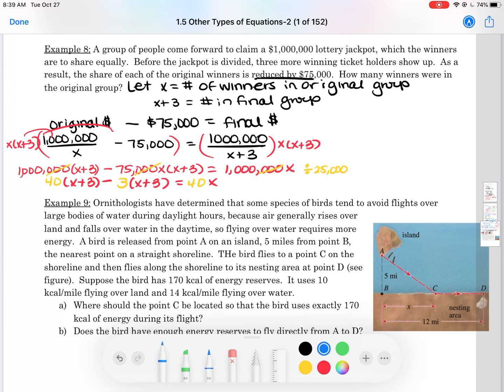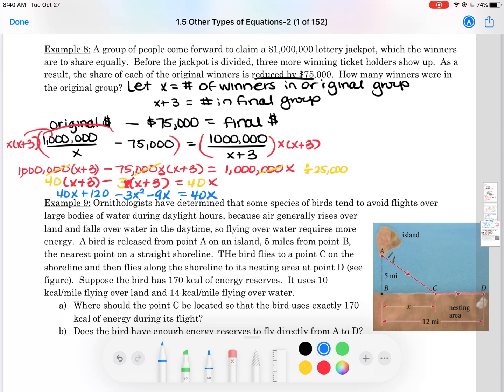All right, now I can just distribute. So that's going to give us 40x plus 120. Let's see, minus 3. Oops, we missed an x along the way, didn't we? This guy has to be in here. So that's going to give us a 3x squared minus 9x equals 40x.